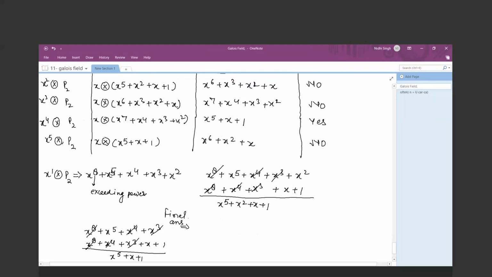Now, how to find out the final answer? Very simple. You have to just figure out those values that are mentioned in your first polynomial. What is the term in the first polynomial?